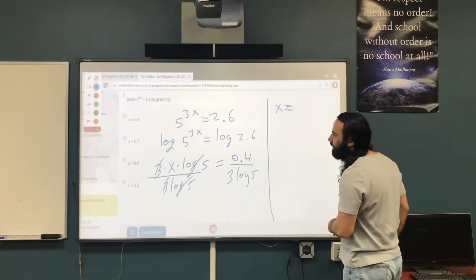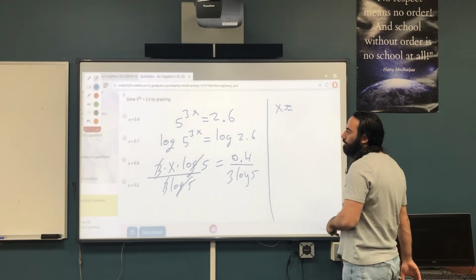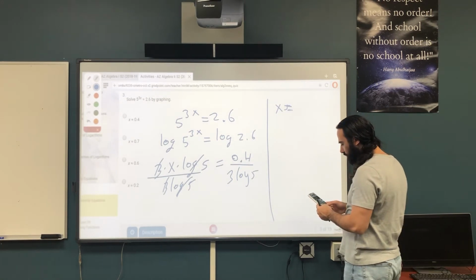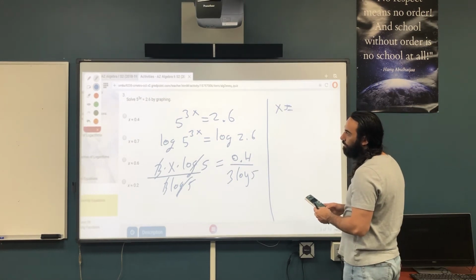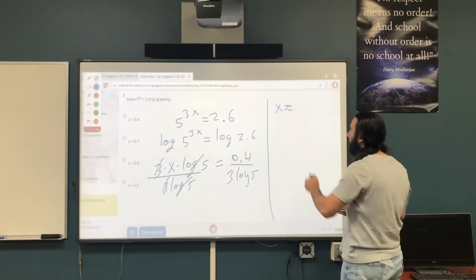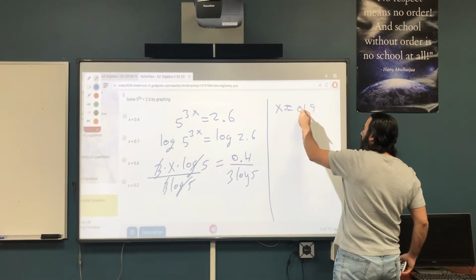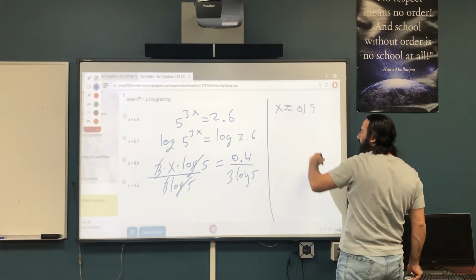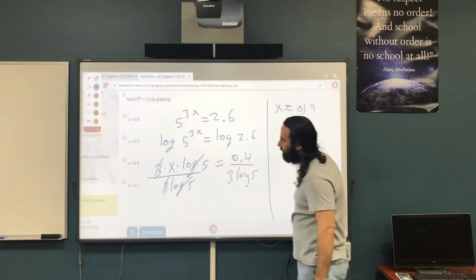It's 0.19. Of course, we need to round it, so it's going to be 2.2. That's the answer.